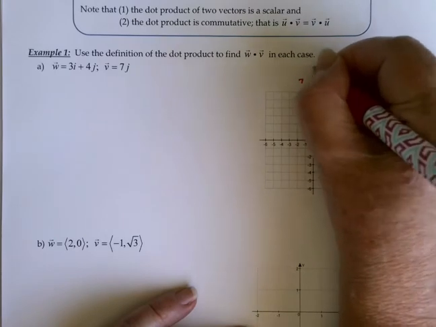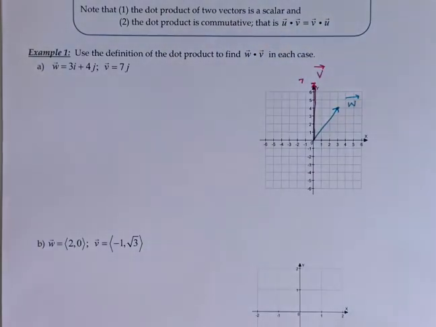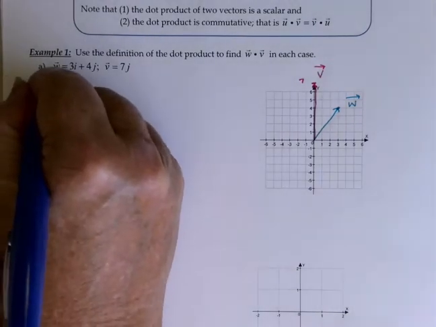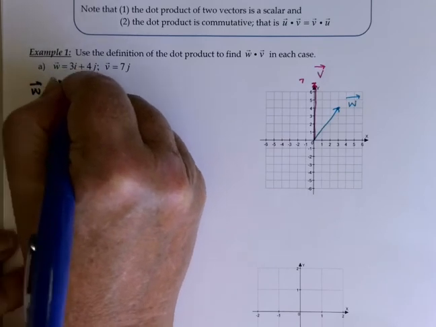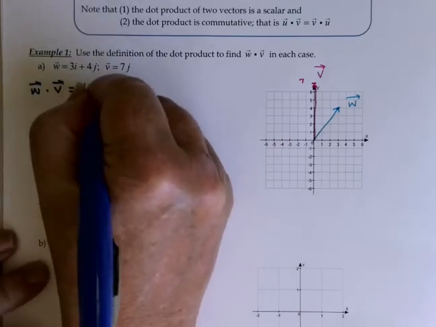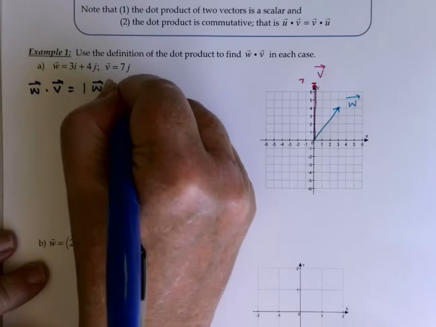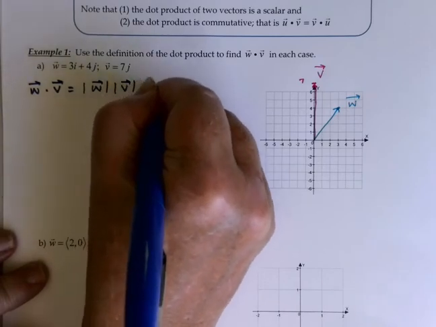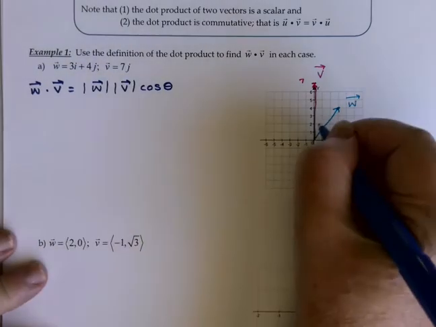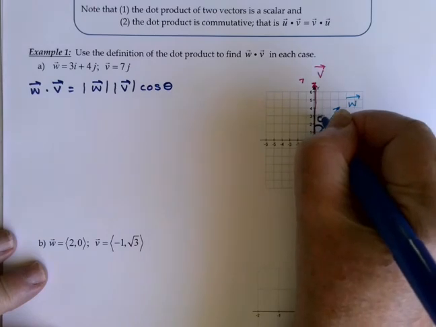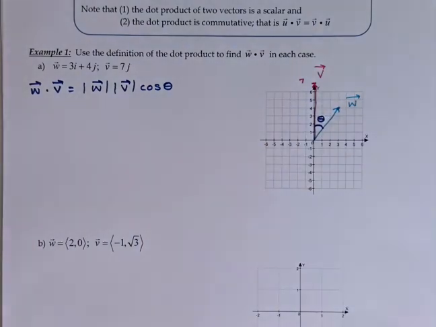There's V. And my goal is to find W dot V. So magnitude W, magnitude V, cosine theta, where theta is going to be this angle between the two vectors.